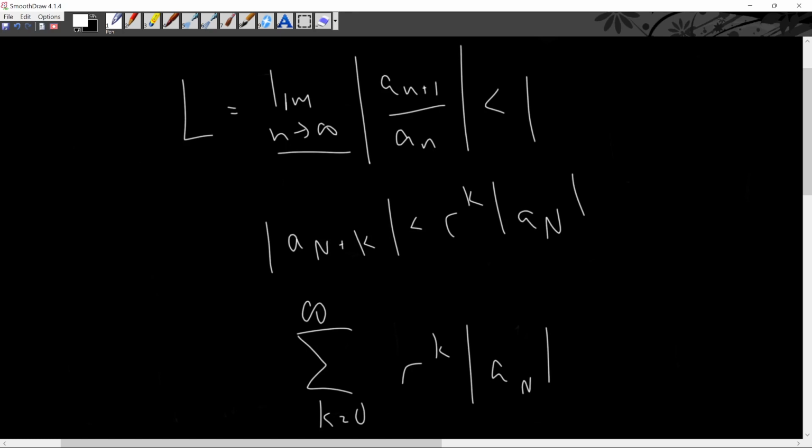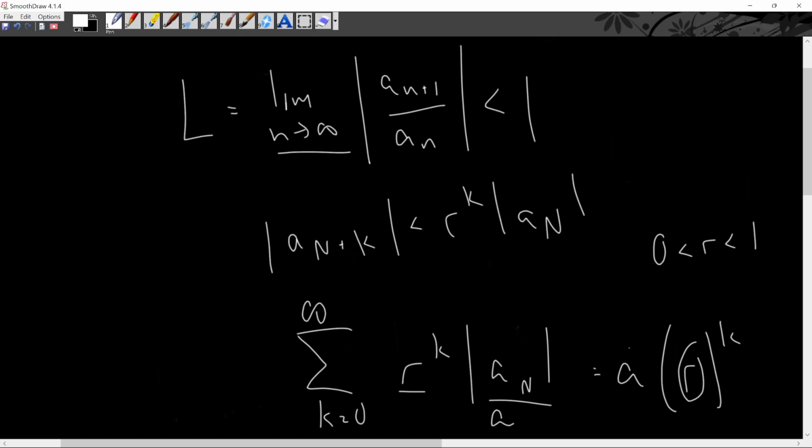And this is a geometric series. If you think of a sub N as a, and r as the common ratio, we have a times r to the k. If you ignore the absolute values for a second, this is a geometric series, and if r is between 0 and 1, then this is a converging series.